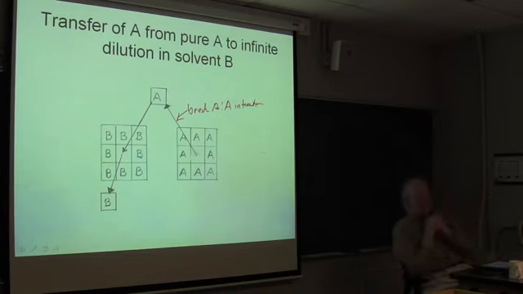Now consider that we've assumed that there's no excess volume of mixing. That means that we have to figure out how to create a space in the B liquid to put the A. So we actually have to think about breaking some B-B interactions here.